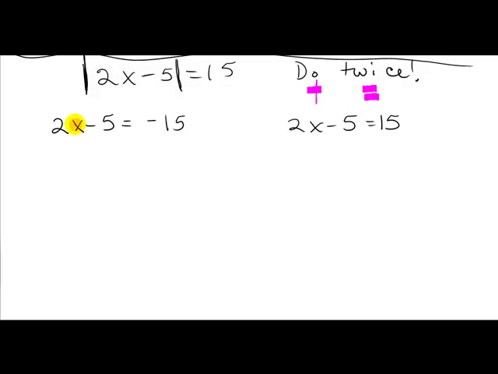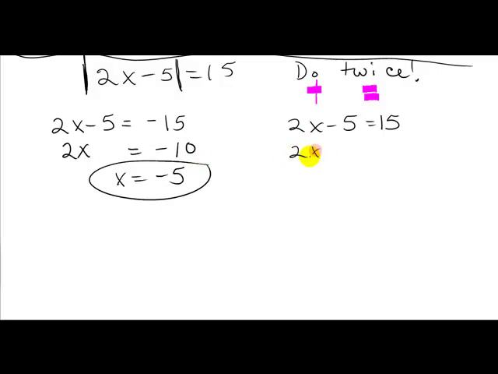And then it's just a matter of solving the equation. We're going to add 5 to both sides, divide by the 2. Here we're going to add 5 to both sides and divide by 2.